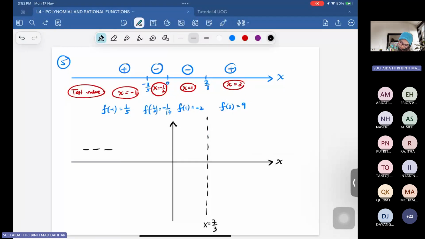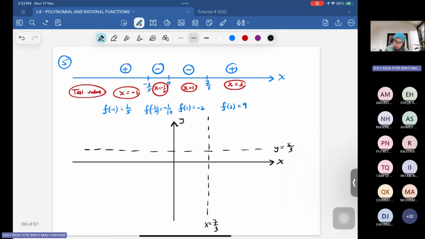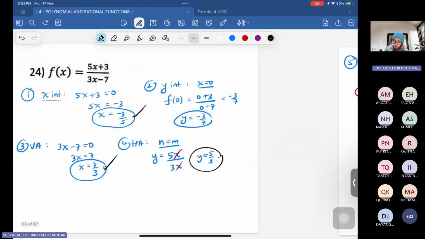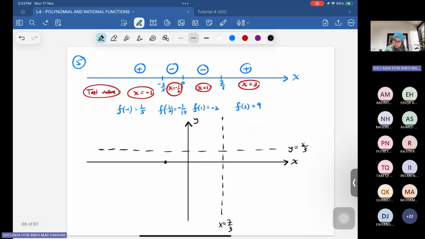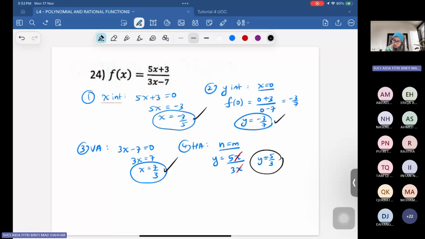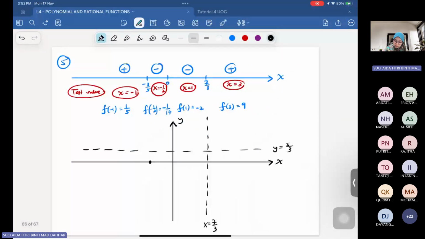Say this is our y equals to 5 over 3. Okay. And then we have intercepts. The x-intercept is at negative 3 over 5 here. It will cut here. And on y, it will cut at negative 3 over 7 somewhere here.